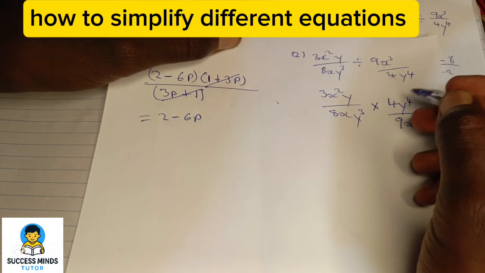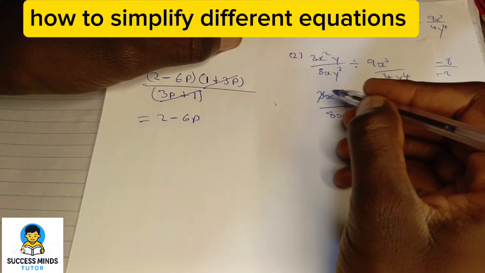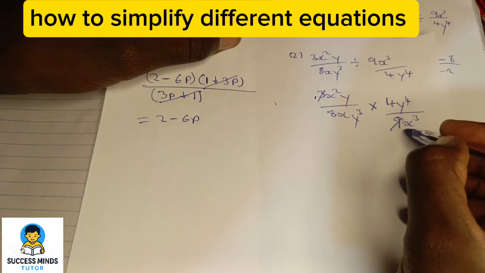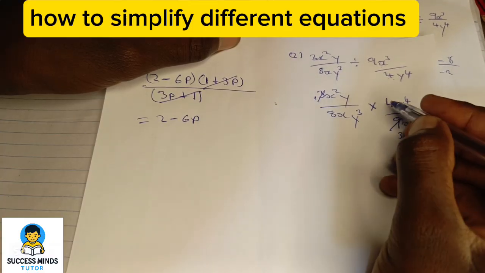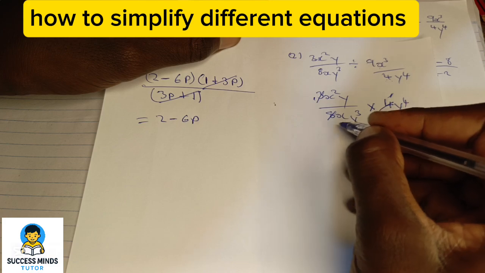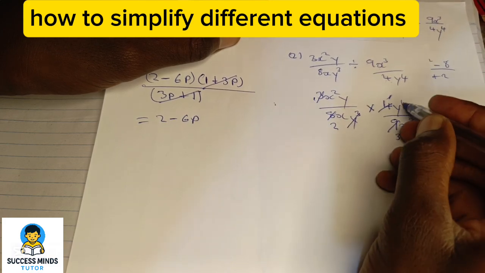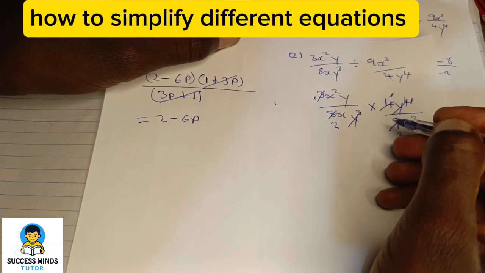So here, guys, now we can divide. We can say 3 into 3 is 1, 3 into 9 is 3. Then 4 into 4 is 1, 4 into 8 is 2. So we have y there. 3y into that, we remain with 1y there.